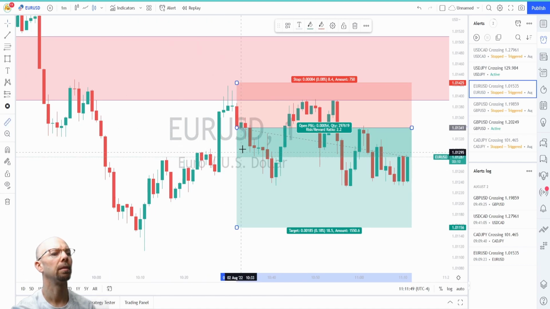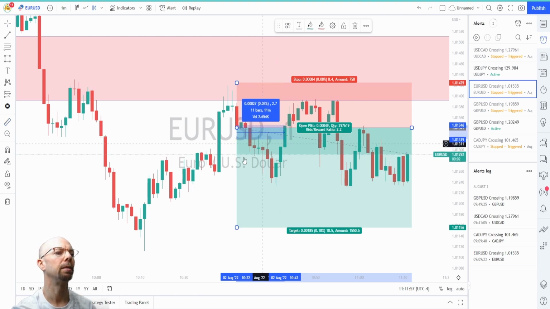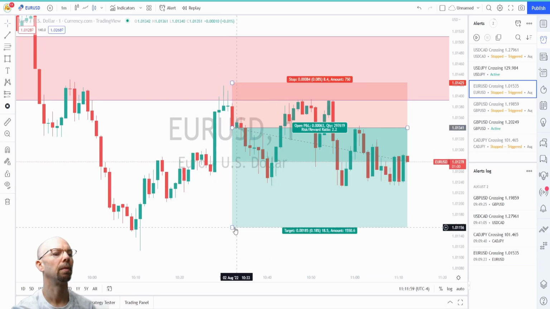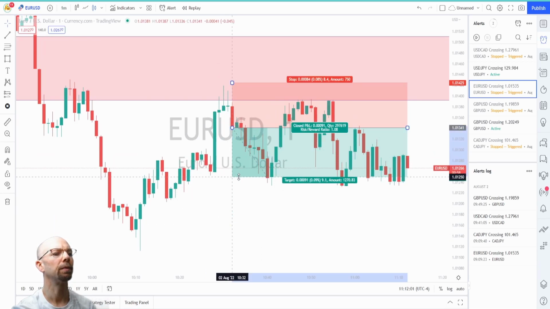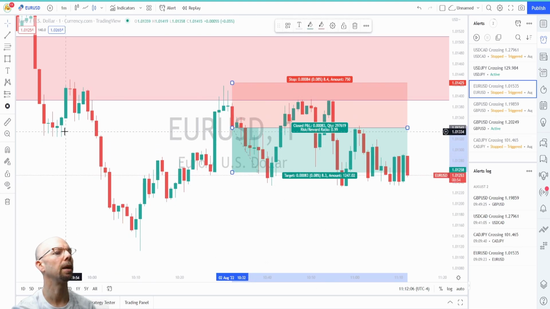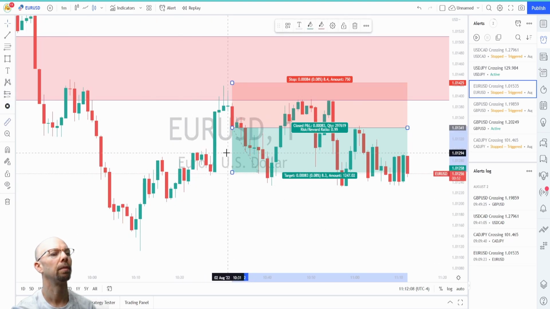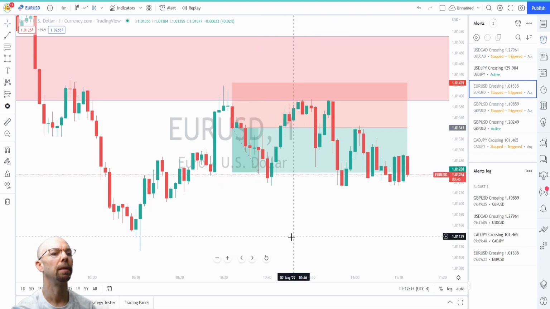And this would have only been an 11-minute trade. Now, if you would have just targeted the low here and you would have reached that, now you can see that 6-minute trade.